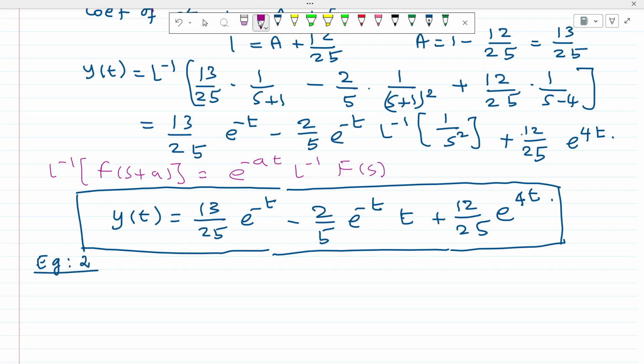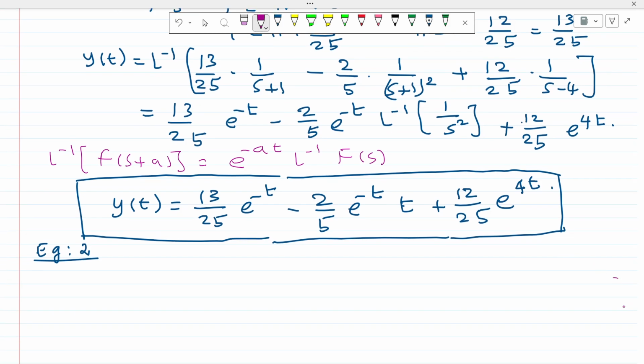Problem number 2. Solve the differential equation x double dash plus 4x dash plus 3x equal to 10 sin t, where x of 0 equal to x dash of 0 equal to 0.